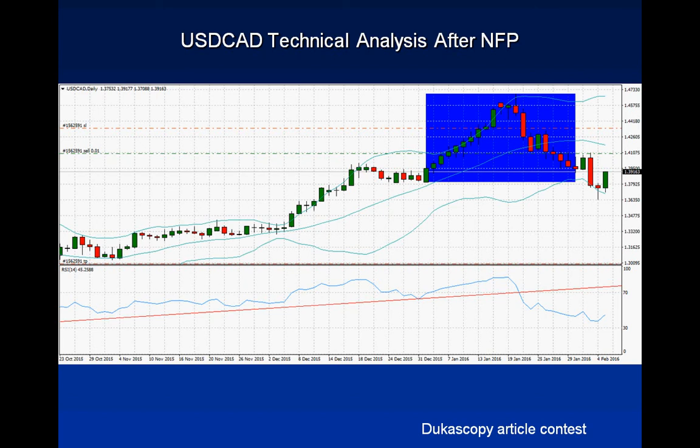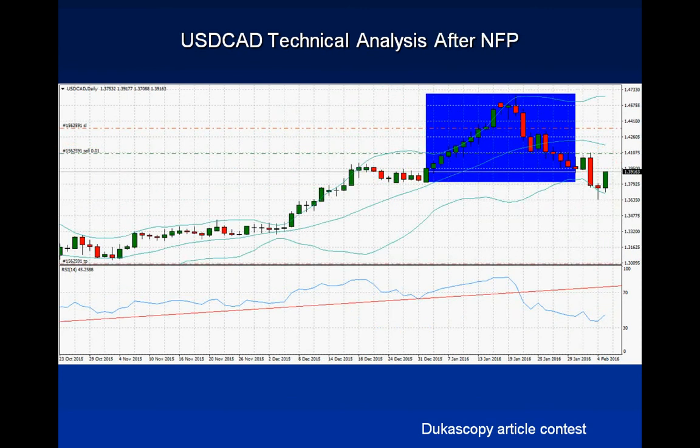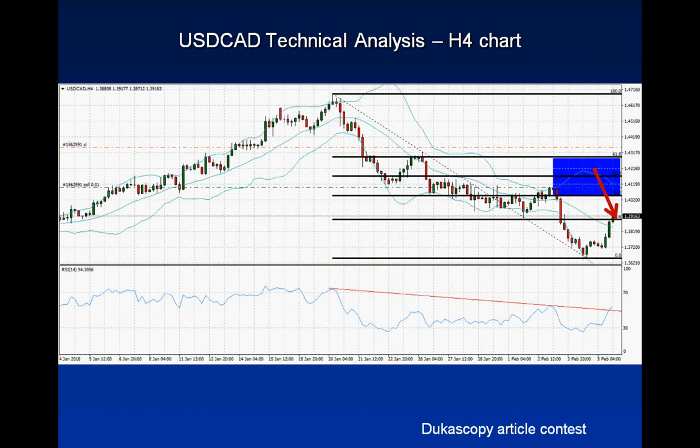Now we can talk about Loonie, and US dollar CAD is in a bearish daily tone, but at one moment we went below the January opening range, but right now we're back in the January opening range. As we can see, first I want to tell you that the middle line of the Bollinger Band is still above candles, and we are still in a bearish mode.